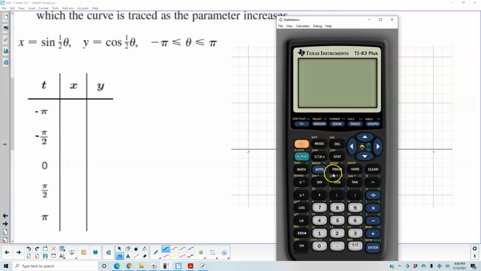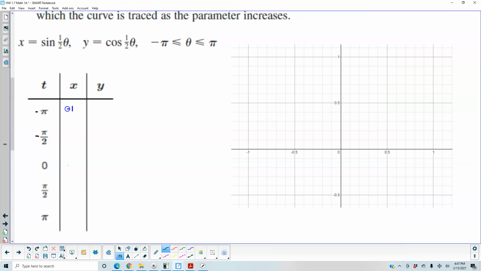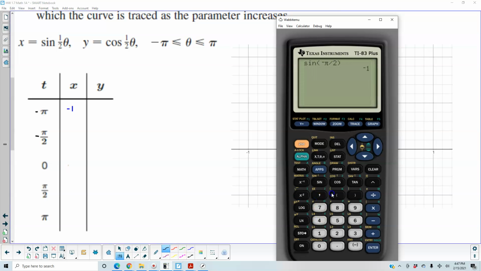That's going to be negative pi times 1/2, so that's divided by 2. Well, that's going to give us -1. And if we put in the cosine of negative pi divided by 2, then we're going to get 0.